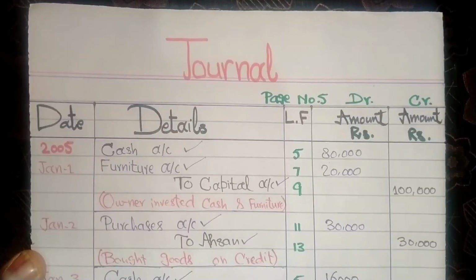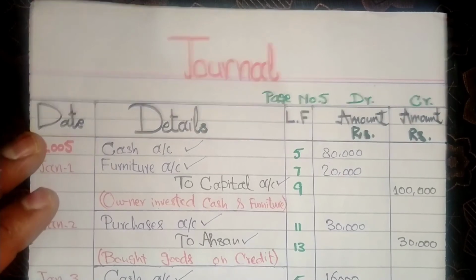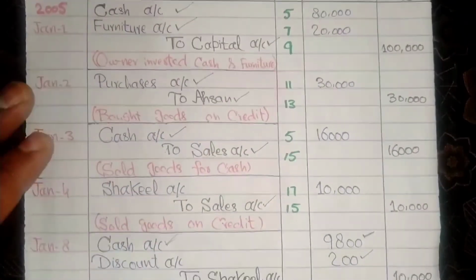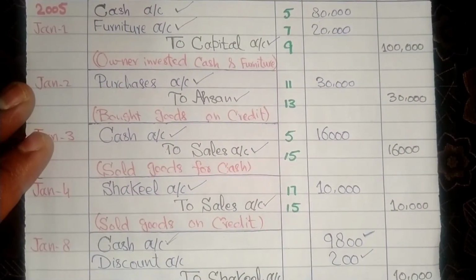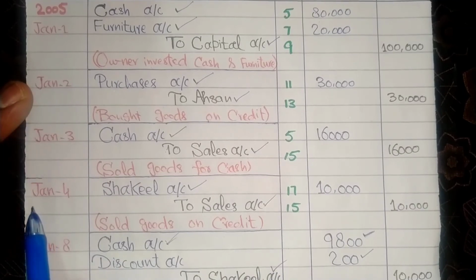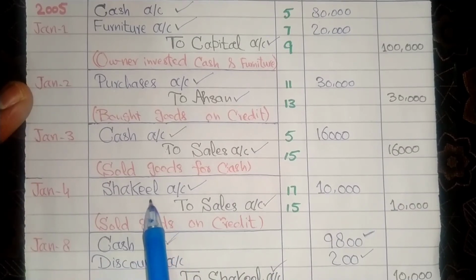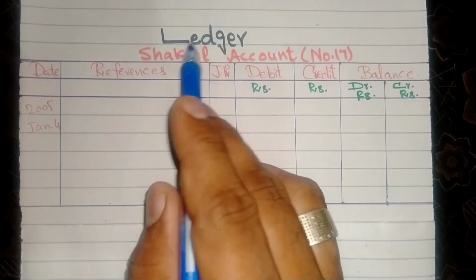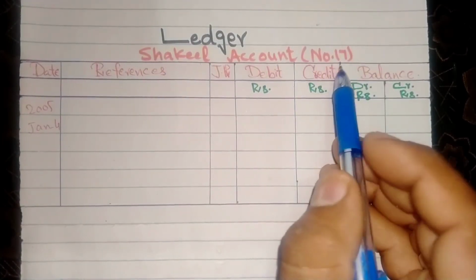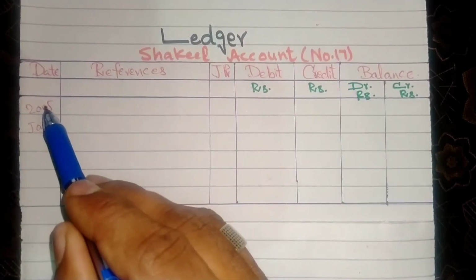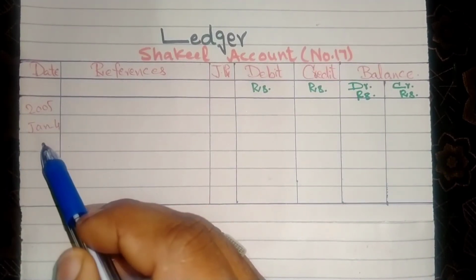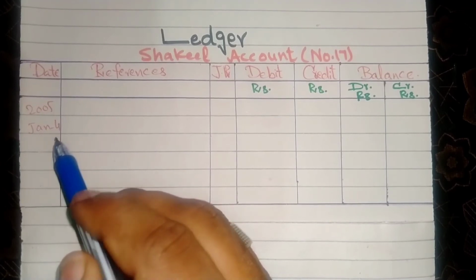Our next account for making ledger account is Shakil account from journal. On Jan 4th, Shakil account debit by sales account. This is the format of ledger of Shakil account with ledger folio number 17, same year 2005 and different date, which is Jan 4th.